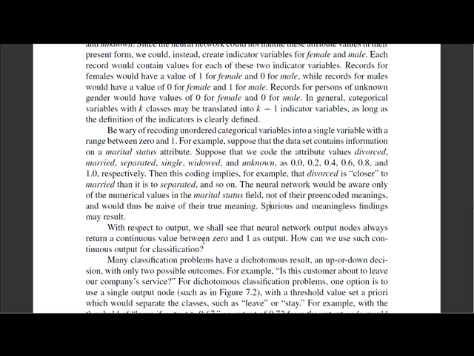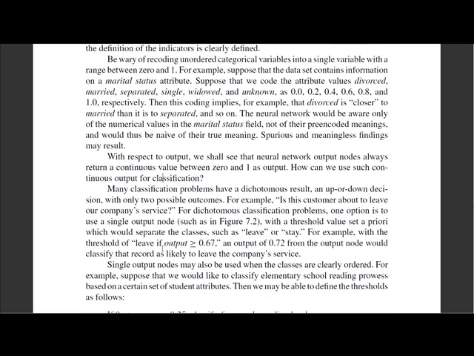So the output is always going to be between 0 and 1. So how do you interpret that? For example, in the problem where we were trying to predict income, we're going to get a value between 0 and 1. That doesn't really tell us income, right? How do we use such continuous output for classification?